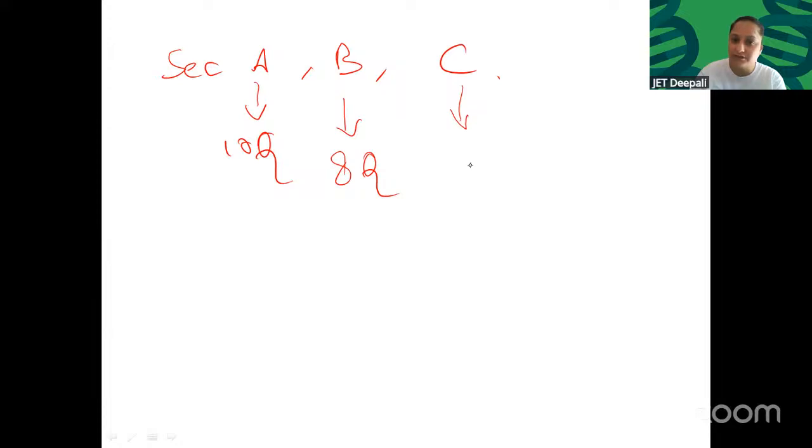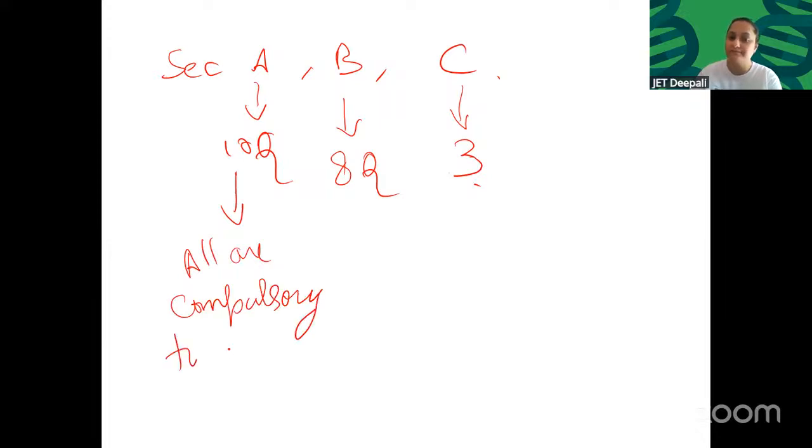Out of that, you have to reply 3. In these 10 questions, all are compulsory to attempt. Okay? And in this, you can choose any 6. In this, any 2.